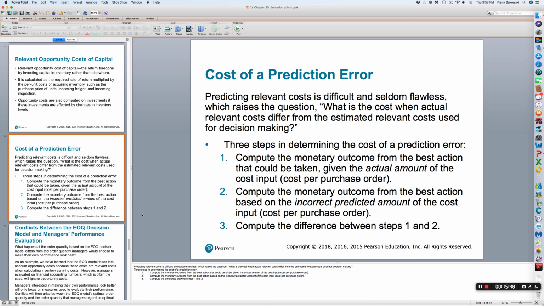First of all, we compute the monetary outcome from the best course of action that could be taken, given the actual amount of the cost input. We would then compare that to the monetary outcome from the best action that's based on what the incorrectly predicted amount of the cost input was. So the difference between these two would be our prediction error. How much we actually paid versus how much we predicted we would pay.